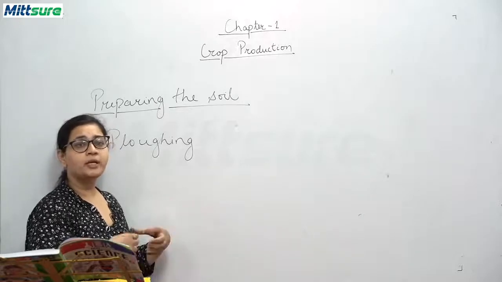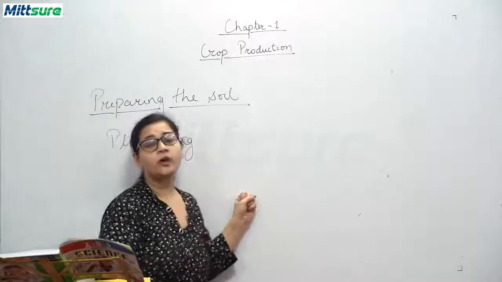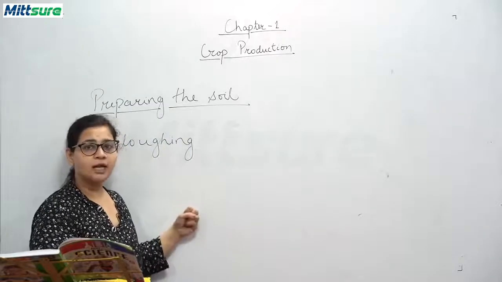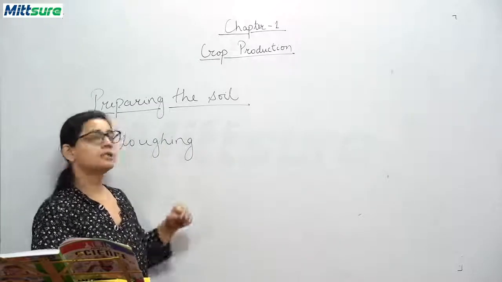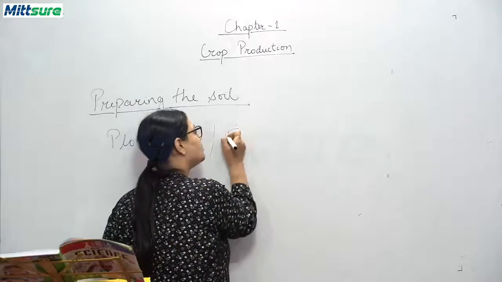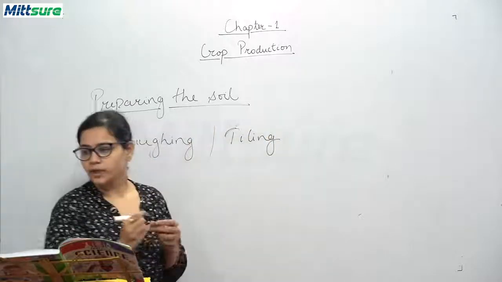Aeration means to make it full of air. Okay, and make it suitable for the growth of microorganisms so that agriculture can be done there. It is called plowing, or it is also called tilling. What is this called? Tilling.